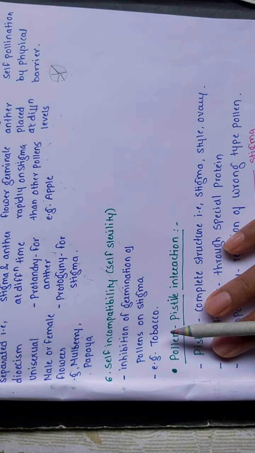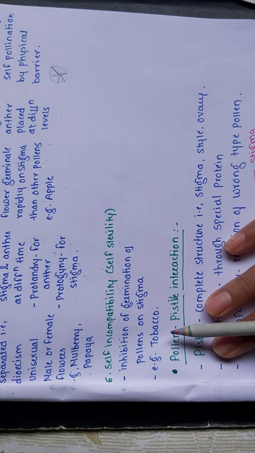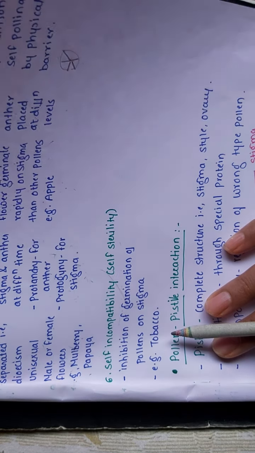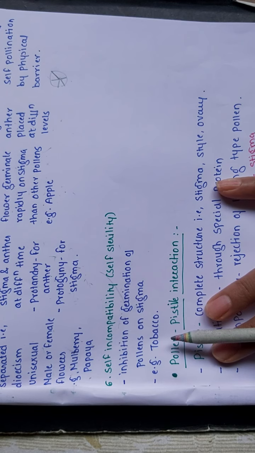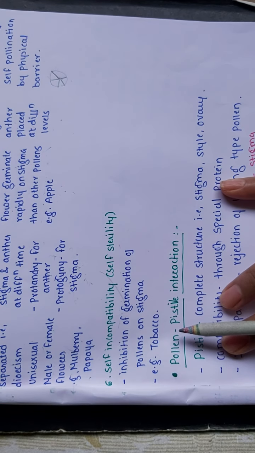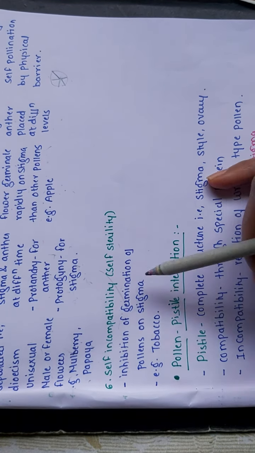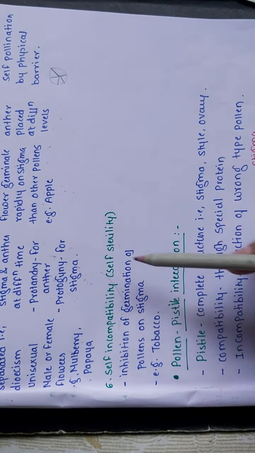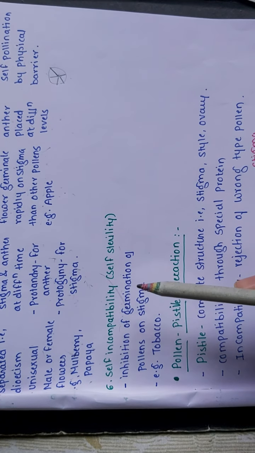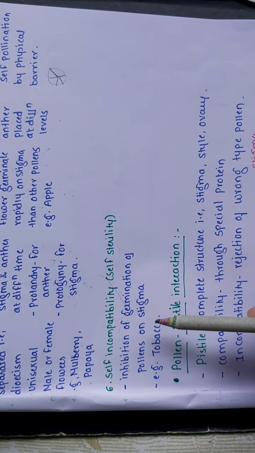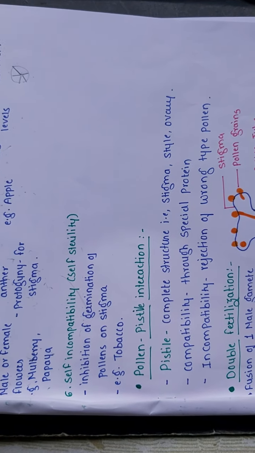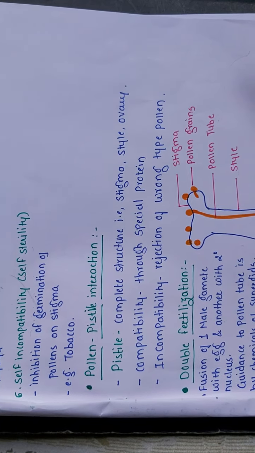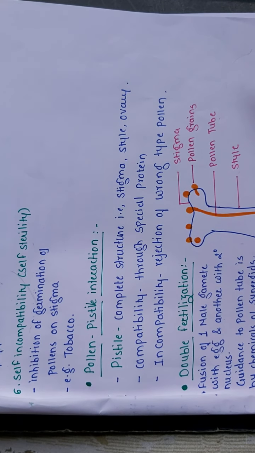So these are some types of outbreeding devices for maintaining genetic diversity. Here we have completed the types of pollination, that is cross and self pollination. Next point of our discussion is the pistil pollen interaction.